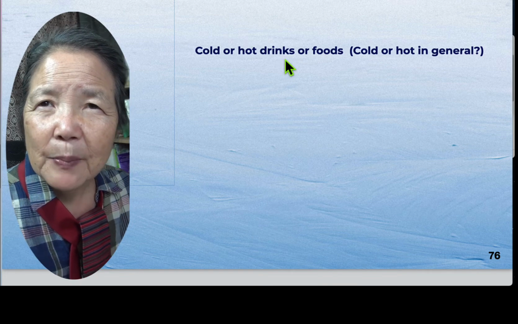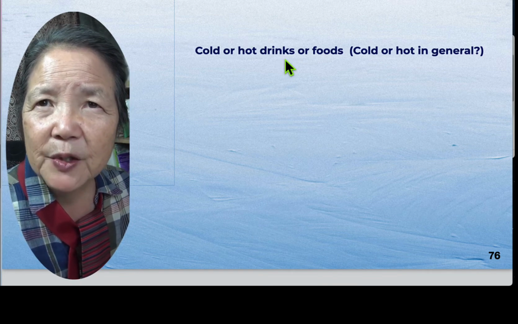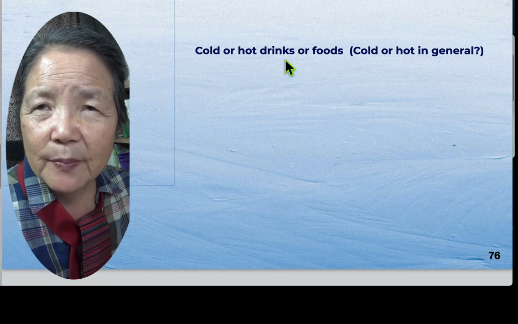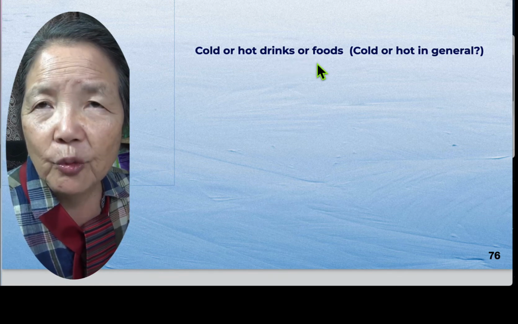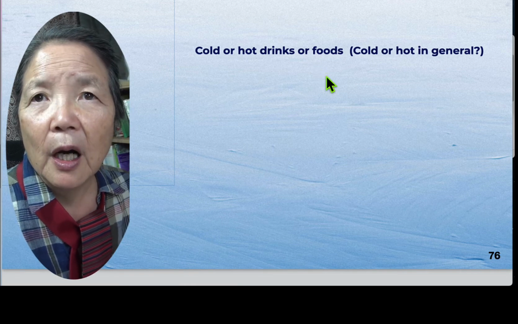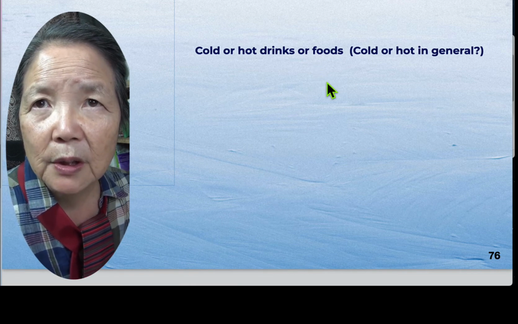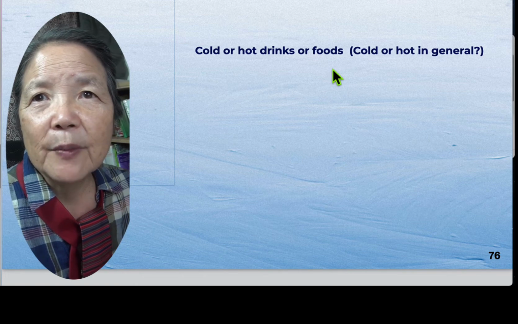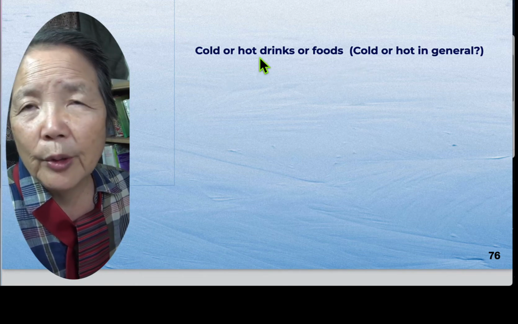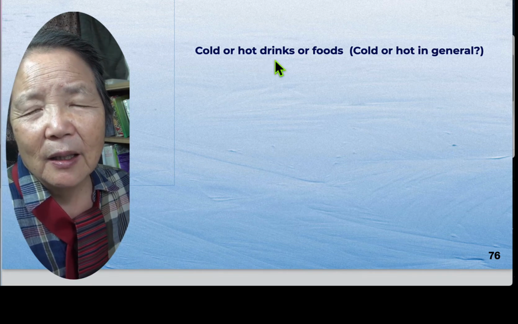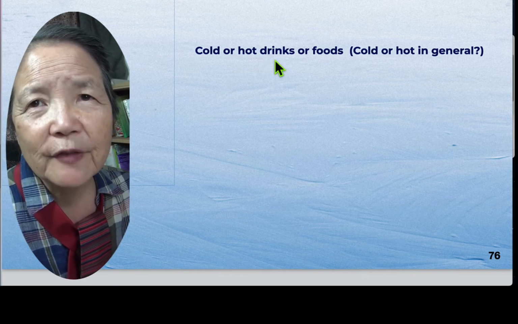It's the peculiar symptoms. Considering the situation, is it peculiar? All through homeopathy, this is a major way of deciding if a symptom is important. So if the person is generally cold and they like warm drinks, I don't put too much emphasis on that.